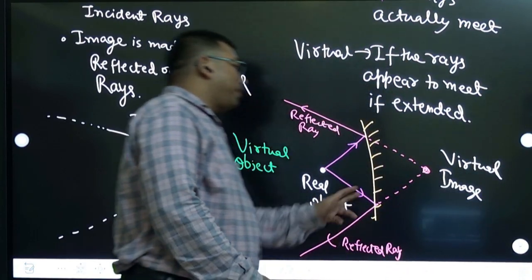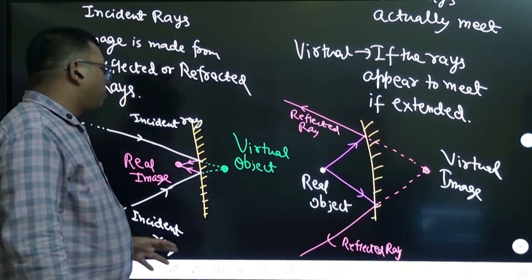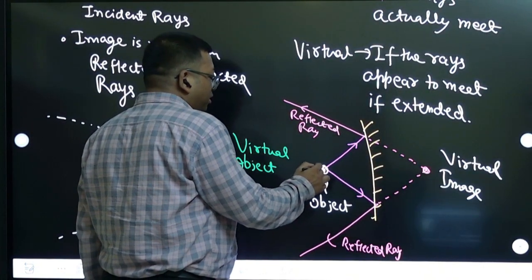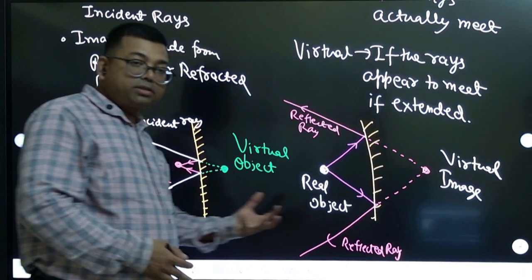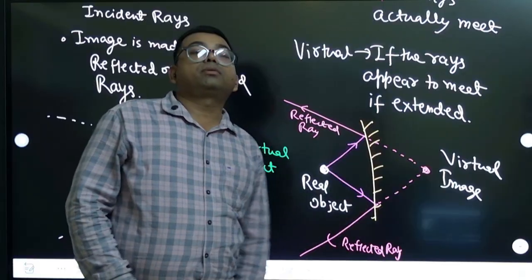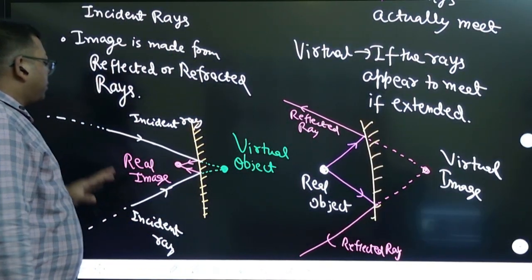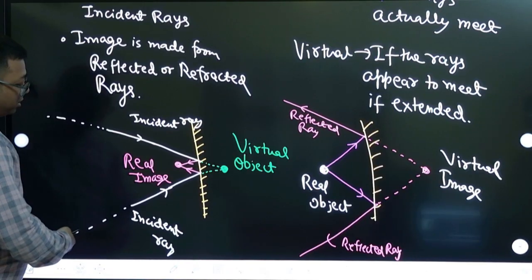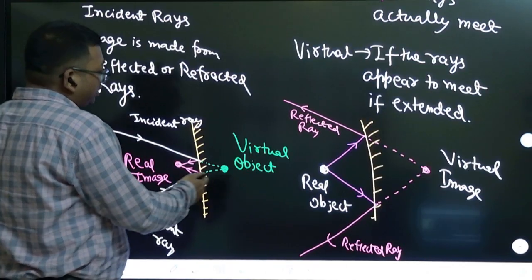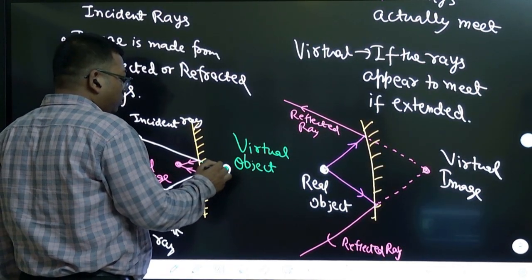Okay. So a plane mirror can form a virtual image for objects which are nearby or in front of it. If a real object is in front of it, it will form a virtual image. But if there is no such real object and rays are coming like this from somewhere, then you can assume that there is a virtual object inside.